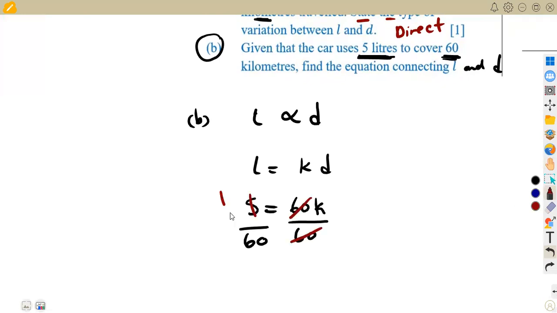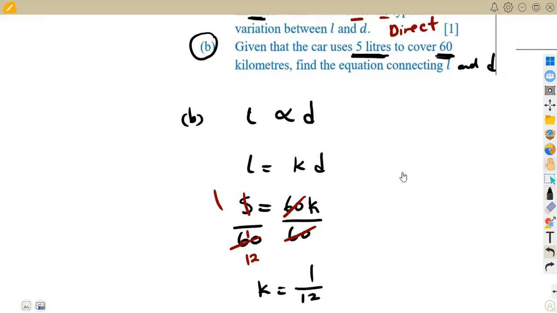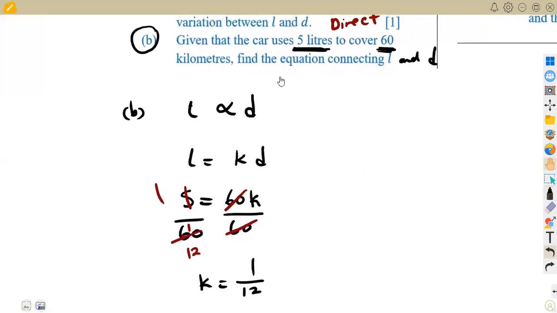All right, 5 into 5, 1; into 60, that's a 12. So meaning to say, our constant K is going to be 1 over 12. But that is not the question. The question is asking us to find the equation connecting L and D, which is we are substituting back our K.